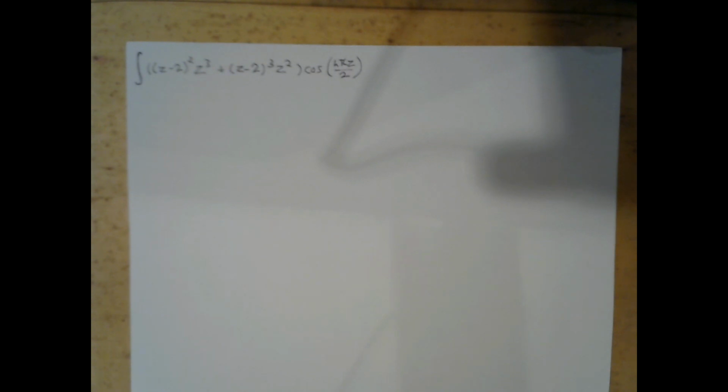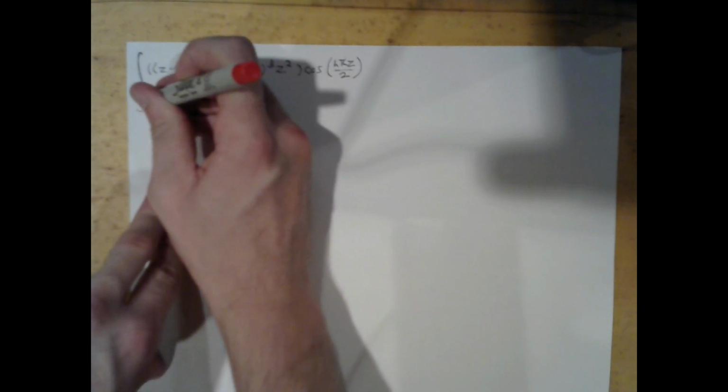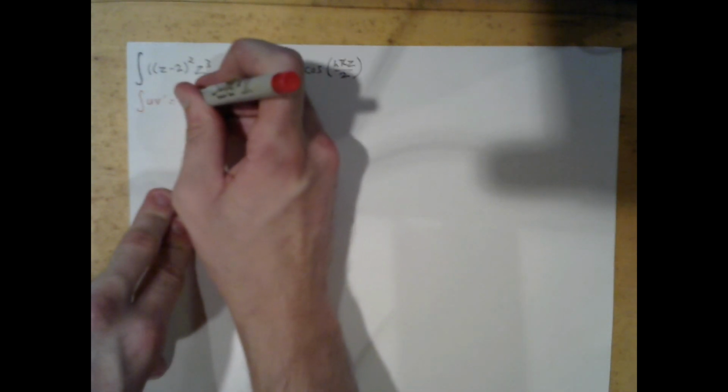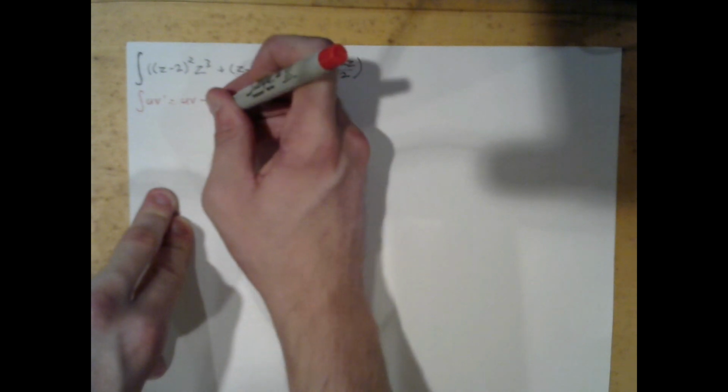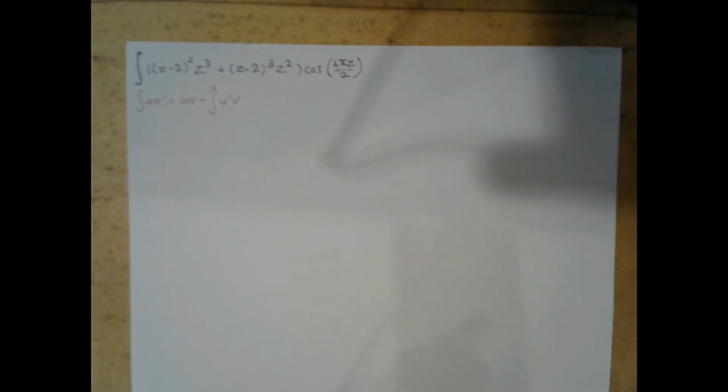All right, and just for clarity, I like to write this out every single time. You don't necessarily have to do this, but I love writing out u v prime equals uv minus the integral u prime v. I love doing that because you'll get confused really easily because this goes on for a while.